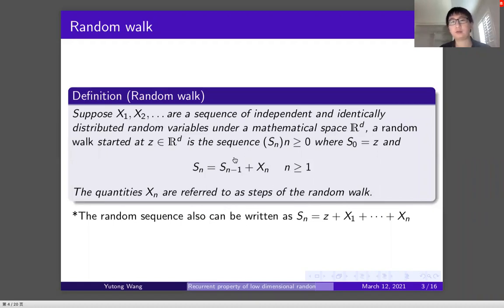So we always use Sn to denote the distance in the random walk. Sn can also be written as z plus x1 plus up to xn, where z is always denoted as the original point or original position.